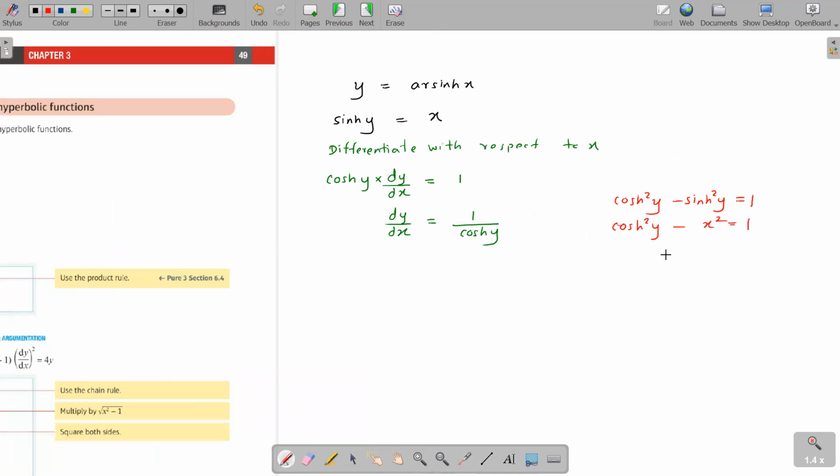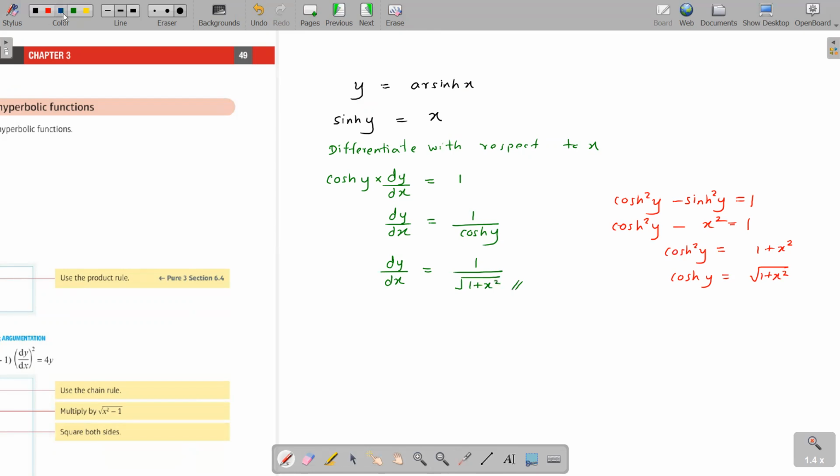Do you agree with me? So basically, cosh square y is 1 plus x square, which means cosh y, removing the square, is root 1 plus x square, and that's how you get the root in the denominator. So dy by dx is equal to 1 over root 1 plus x square. So that's the proof for y equals arsinh x.